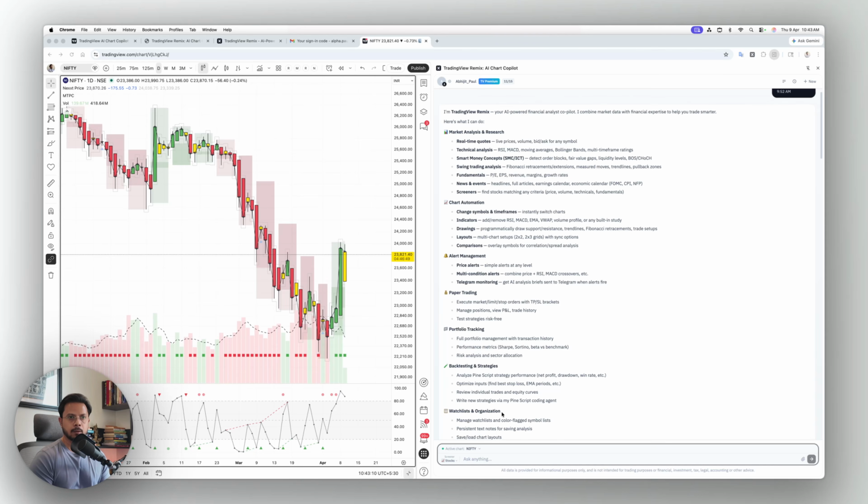Now, before I end the video, I did share with you earlier that I do use AI, and what are my thoughts which are more powerful than what I see over here. First and foremost, I really appreciate that TradingView named it Copilot. Tell me, where and when do you hear this word Copilot?